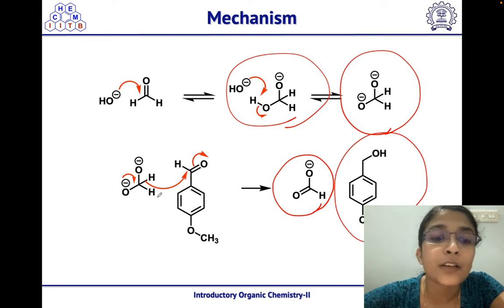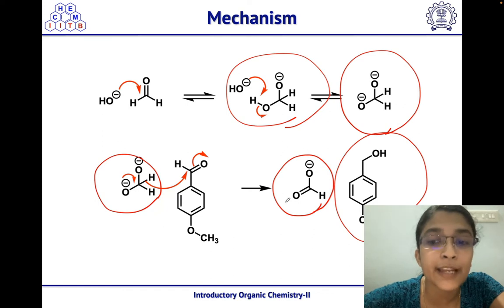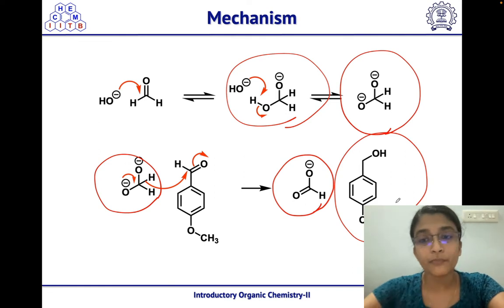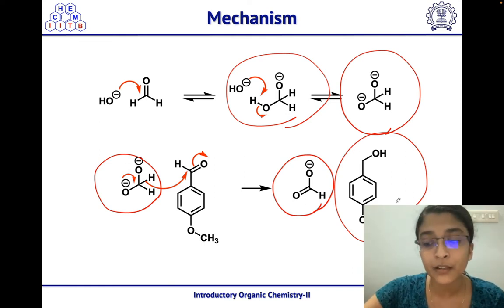So this dianion will convert into a carboxylate anion, and this aldehyde will convert into an alcohol upon reduction. Is this mechanism clear? Any doubt?